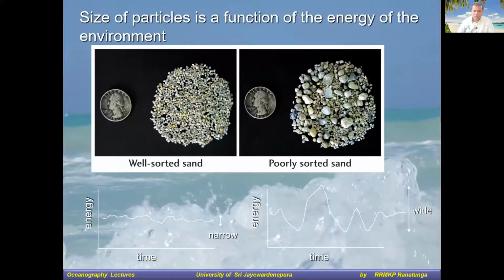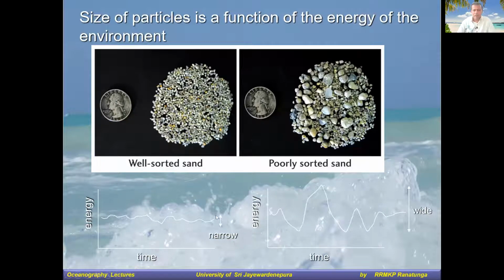And the size of the sediment, as I mentioned last week, is an indication of how much energy these sediments receive. For example, if they are beach sand, some sand may be larger, whereas on some beaches you will see very fine sand. That is an indication of what kind of marine environment it is, or how much wave energy there is.